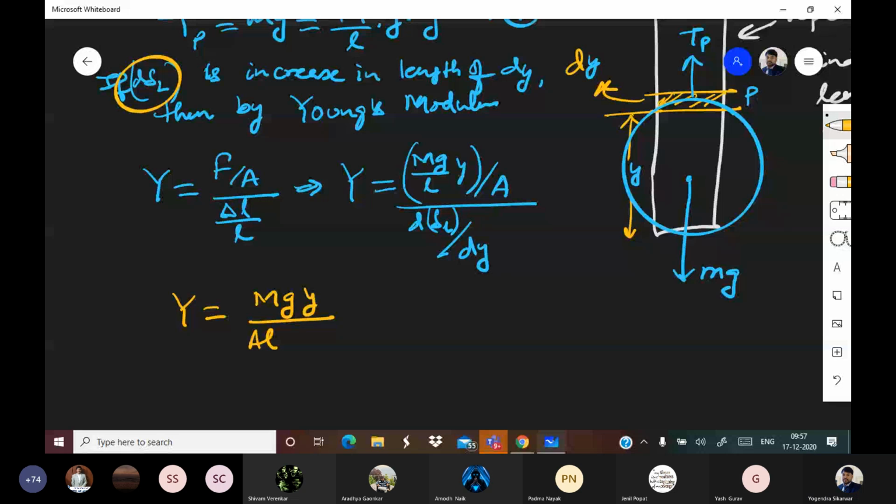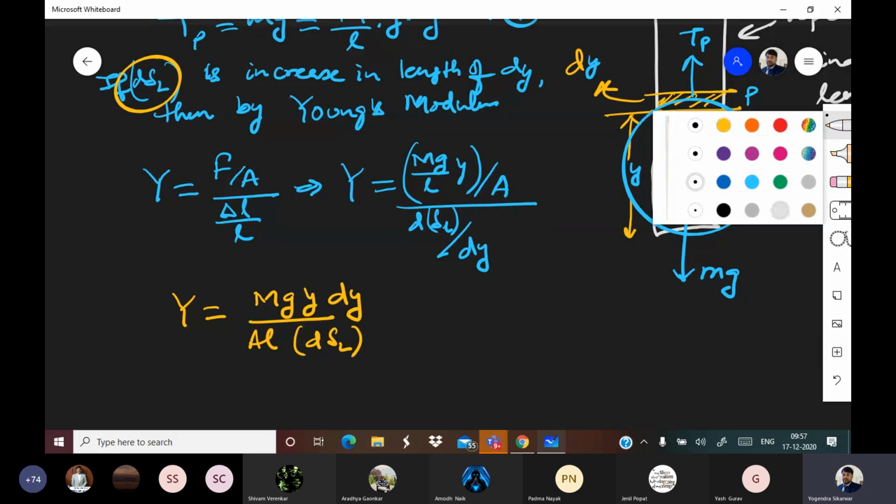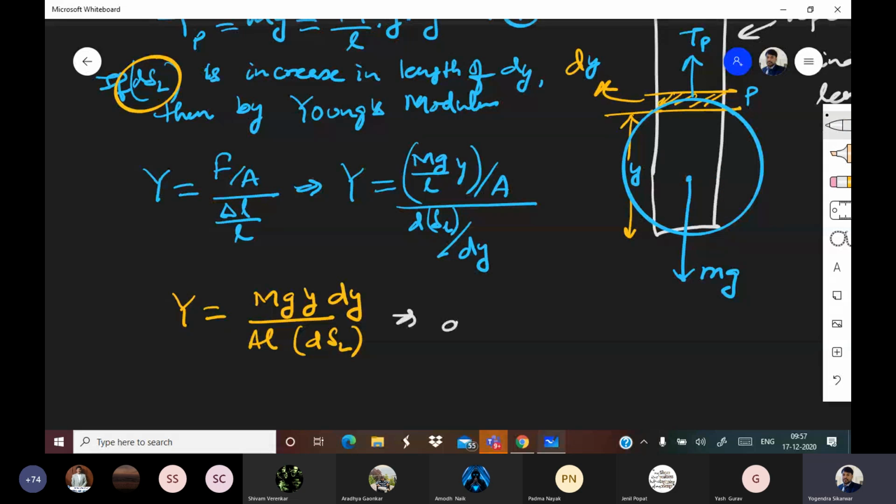This dy goes here and d delta L is here. So in the next step, we can take d delta L here is equal to capital M G small y dy upon L A capital Y.